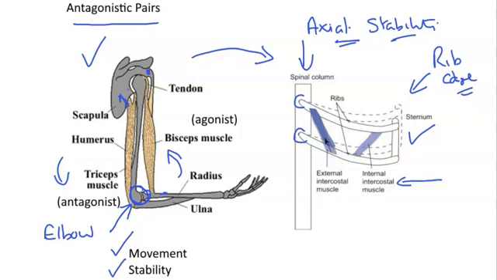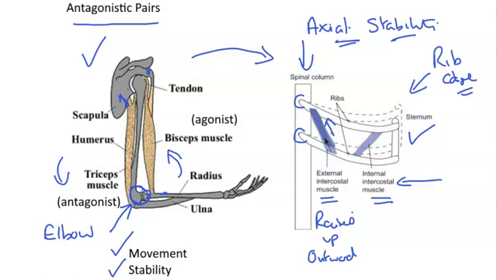The external intercostal muscles, and then there are the internal intercostal muscles. When examining the movement in the rib cage, which of course is important in our study of ventilation in the gas exchange component of this course, contraction of the external intercostal muscles raises the rib cage up and to a certain extent outward.